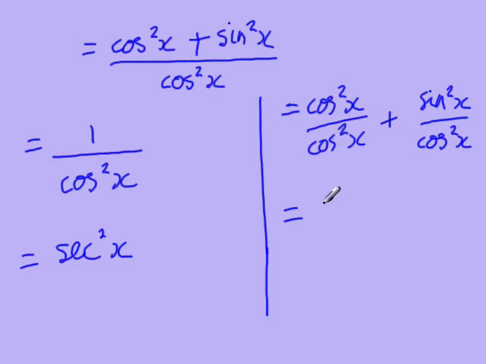And that left-hand side is just 1, and this right-hand bit is sine squared x over cos squared x. Sine x over cos x is tan x, so that's tan x squared, which is written tan squared x.